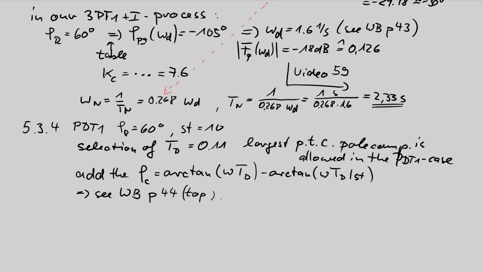So result, omega d is 7.6, the cross point of the new phase, the green curve.